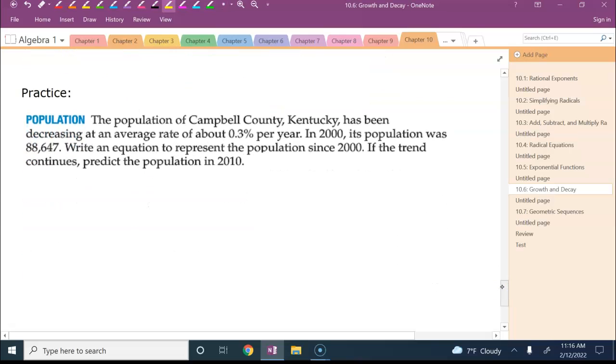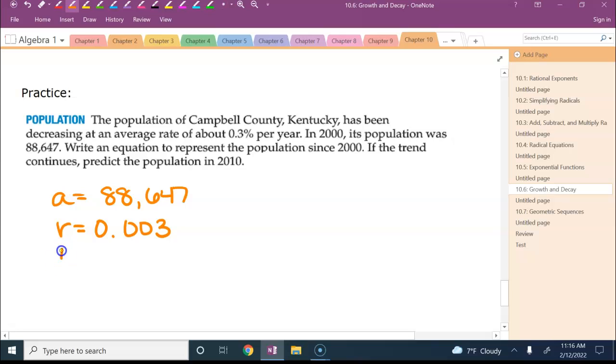So let's take a look at this practice problem here. The population of Campbell County, Kentucky has been decreasing at an average rate of about 0.3% per year. So your rate is that 0.3%. Take 0.3 divided by 100. So you're going to get 0.003. In 2000, the population started at 88,647. So that'd be your initial amount.